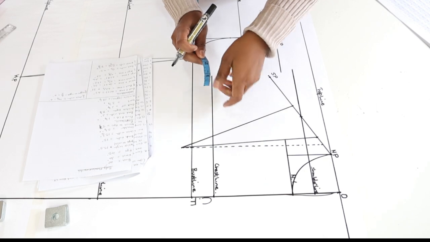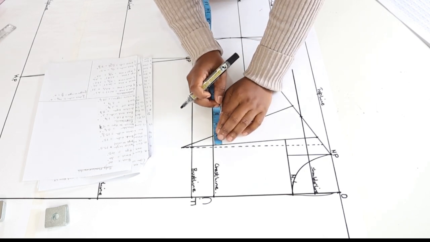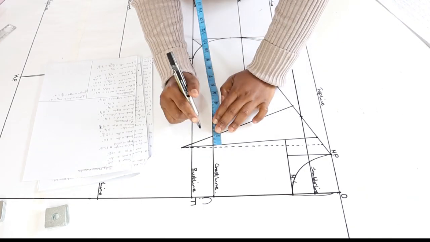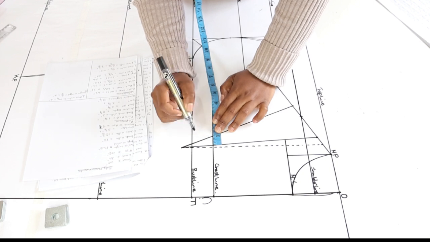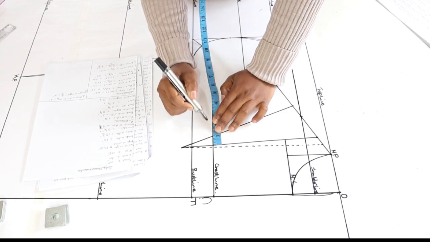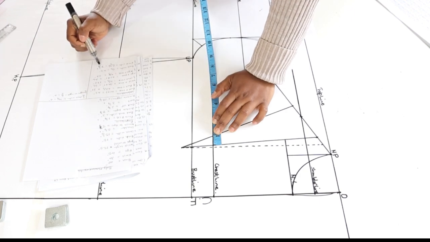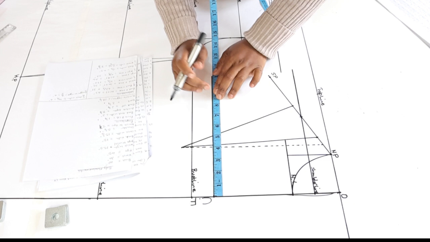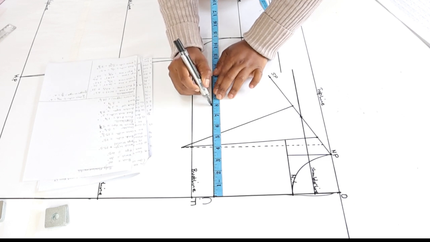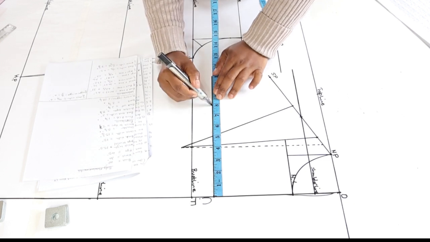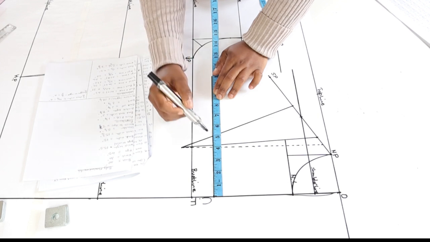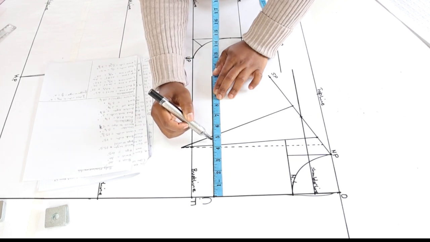Because I'm supposed to exclude this, I'm going to start by measuring this distance right here. It is 7/8 of an inch. So I'm going to add this onto this line. So the measurement that I want to take now is 7 7/8. So from there, I'm just going to add the 7/8 of an inch that is here.